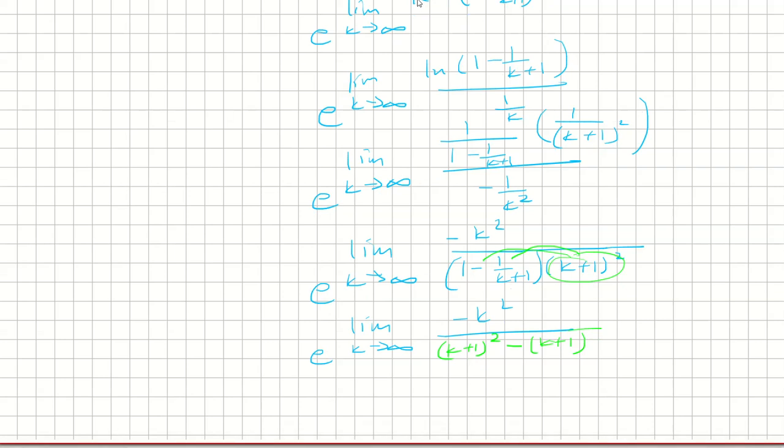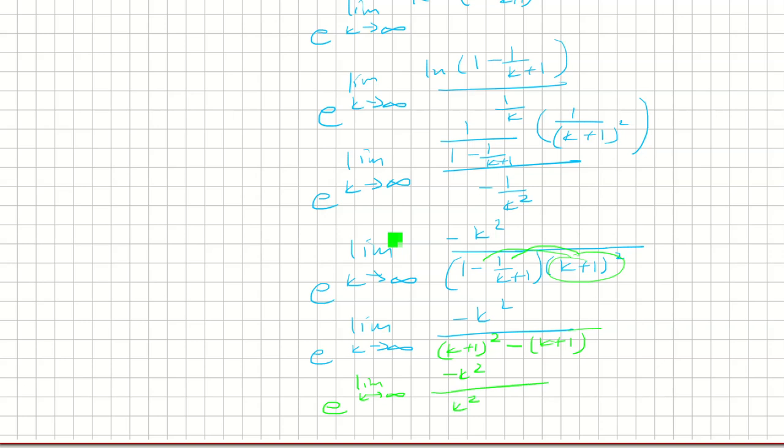But here it's pretty obvious that this is basically negative k squared over k squared, which is negative 1. So if you want, you can keep going like this.